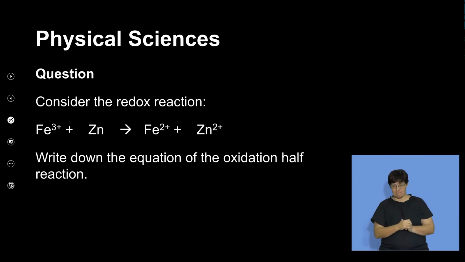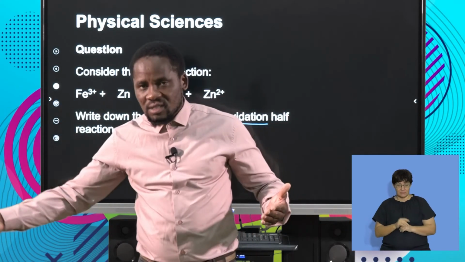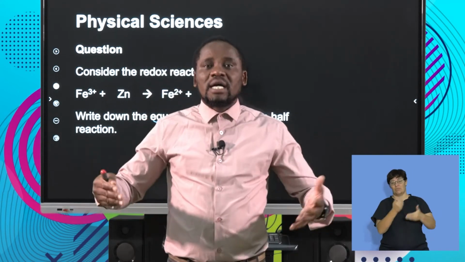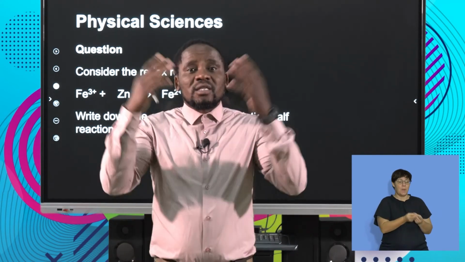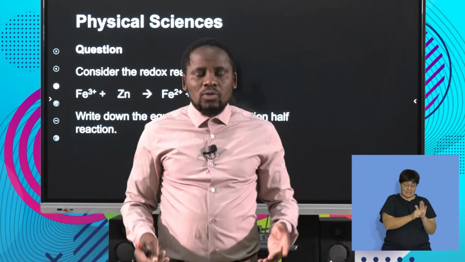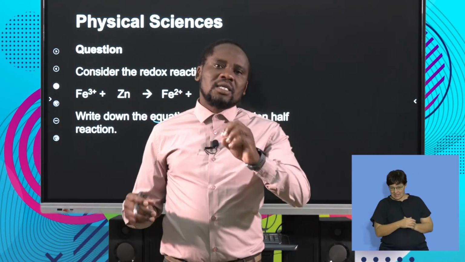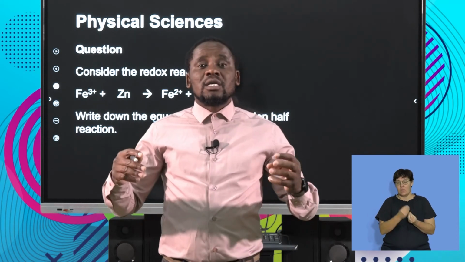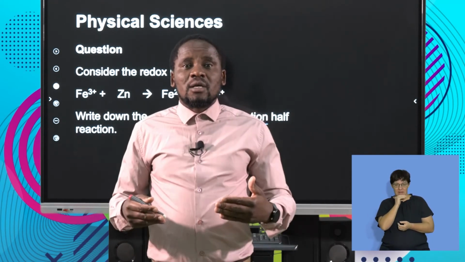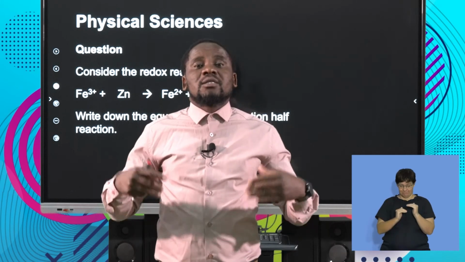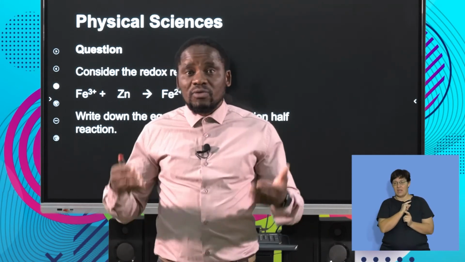Now, the question goes on and says, write down the equation of the oxidation half reaction. The equation represents a process in which substances either lose or gain electrons in the entire transfer. So you'd want to understand it in that way. A substance that undergoes oxidation has its oxidation number increasing, because that is coupled with the loss of electrons.